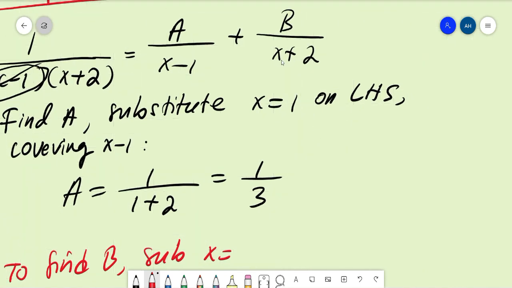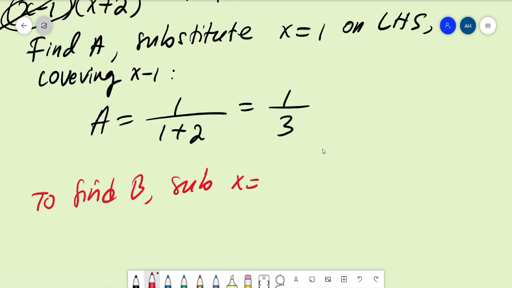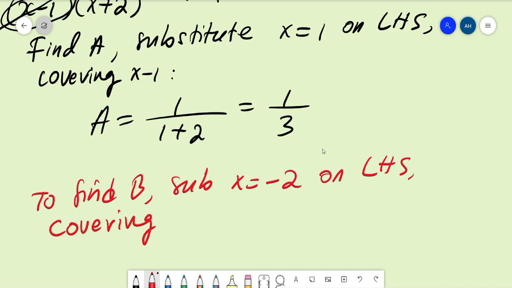When we solve x plus 2 equal to 0, we have x equal to negative 2. Therefore, we have to substitute x equal to negative 2 on the left hand side, and at the same time, we cover x plus 2.